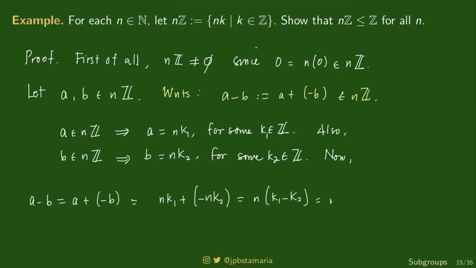Or I can say that this is NK, where K is an integer, because it's the difference of K1 and K2. Diba? Therefore, nasan yung A minus B? It is still in NZ. Tapos na. This proves that NZ is a subgroup of Z.